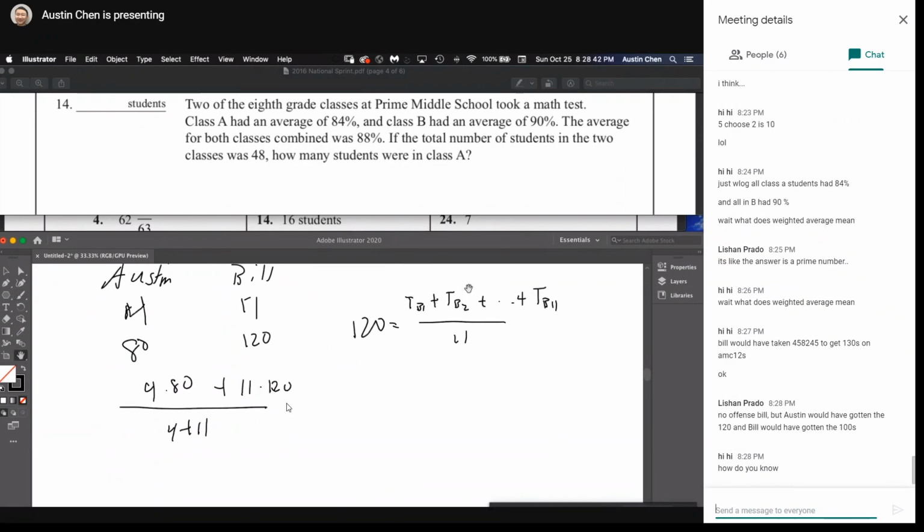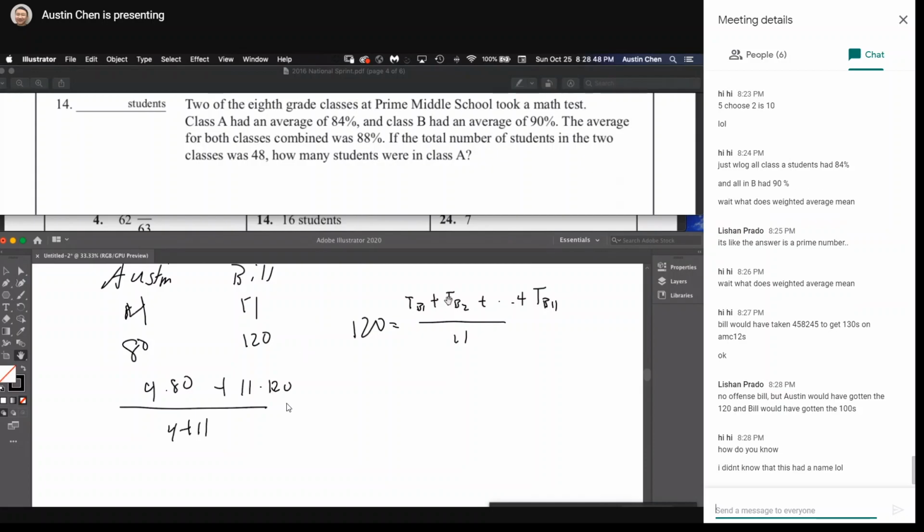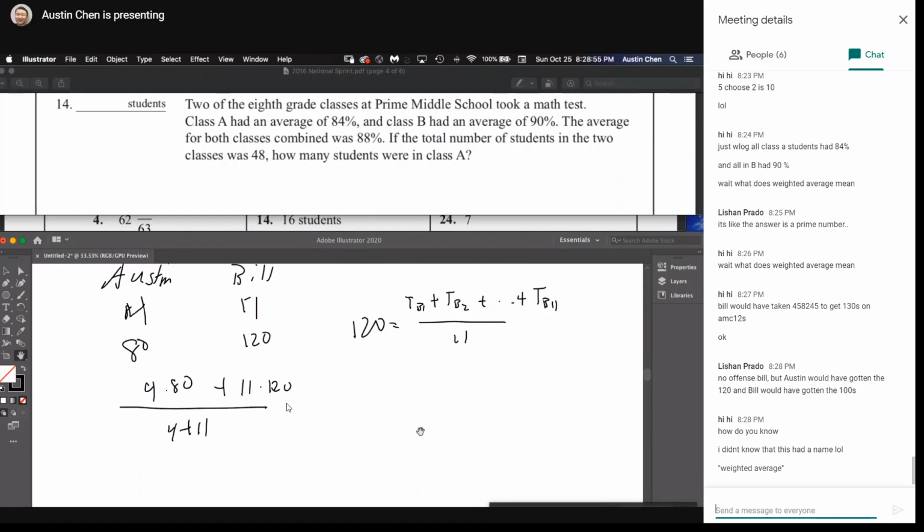That's just going to be the sum of all of his test scores, and then mine is going to be the sum of all of my test scores. If we sum all of our test scores and divide by the total number of tests we took, that's just our average. It has a name, weighted average, but it doesn't really matter.